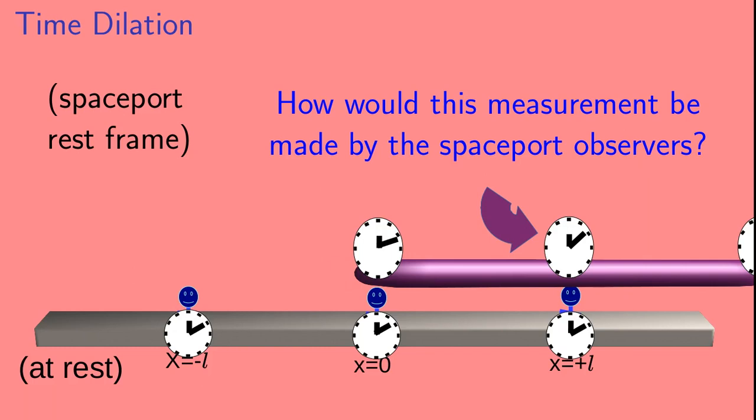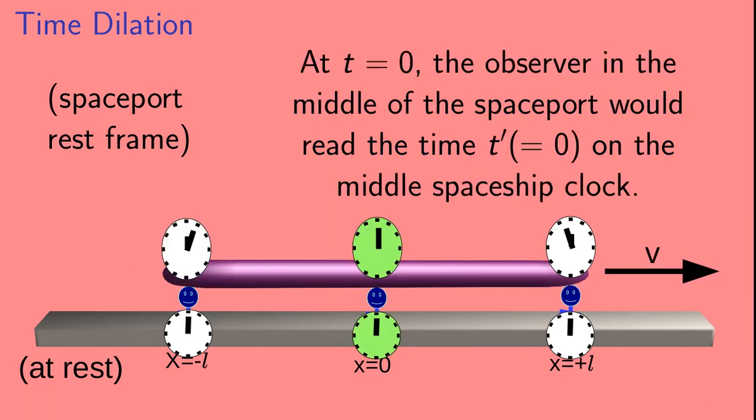But first, we should ask, how would this measurement be made by the observers stationed on the spaceport? At t equals 0, the observer at x equals 0, in the middle of the spaceport, would read the time t prime, which we've previously said is 0, on the middle spaceship clock.